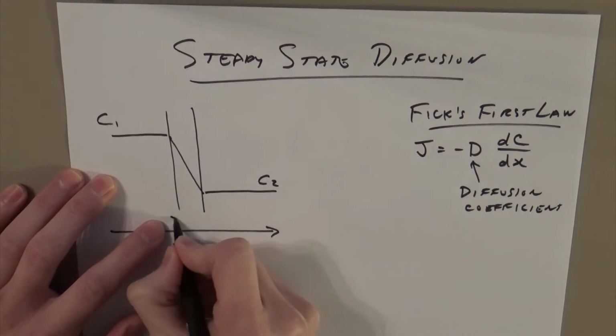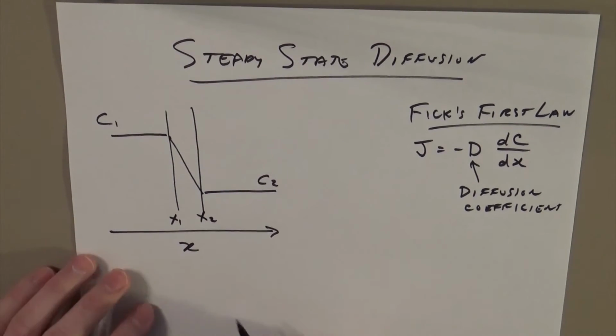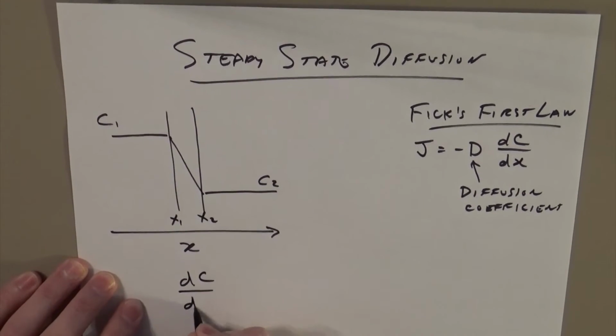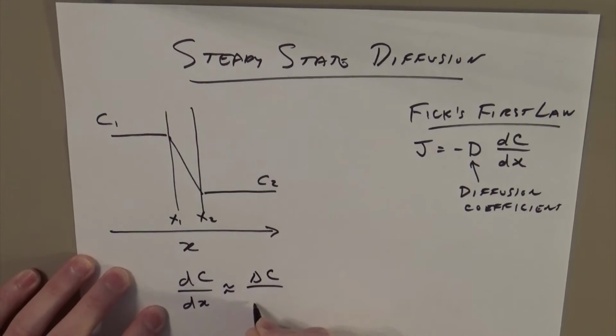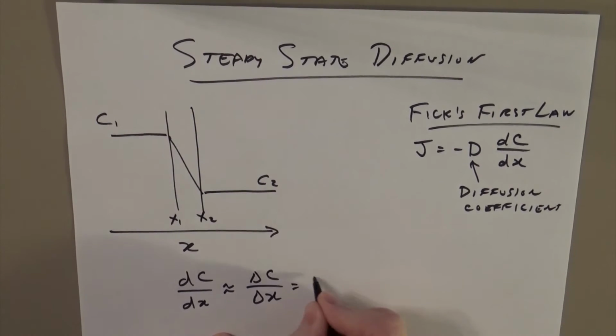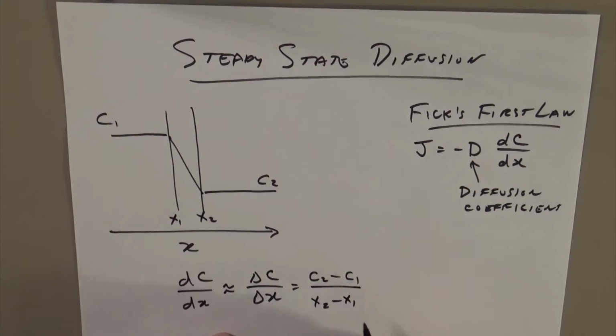So this is going to be x1, x2. So the derivative of c with respect to x is just delta c by delta x, which is c2 minus c1 over x2 minus x1.